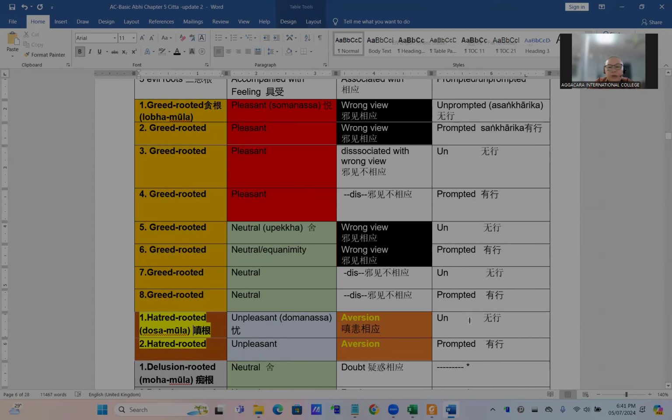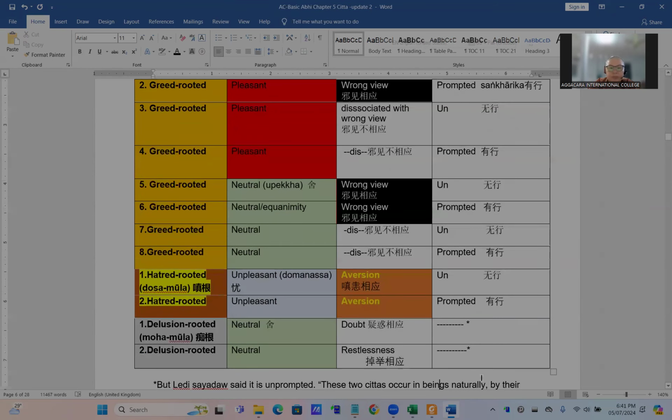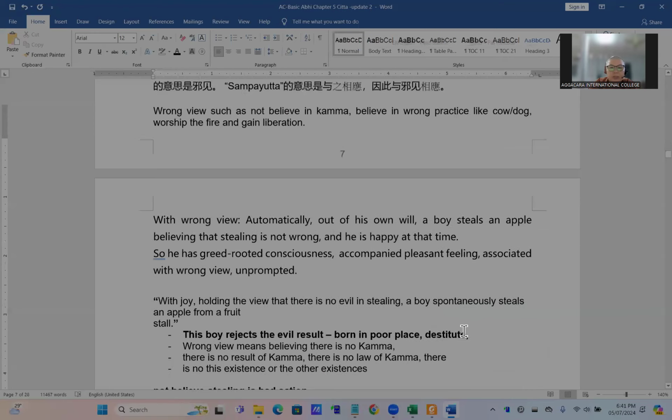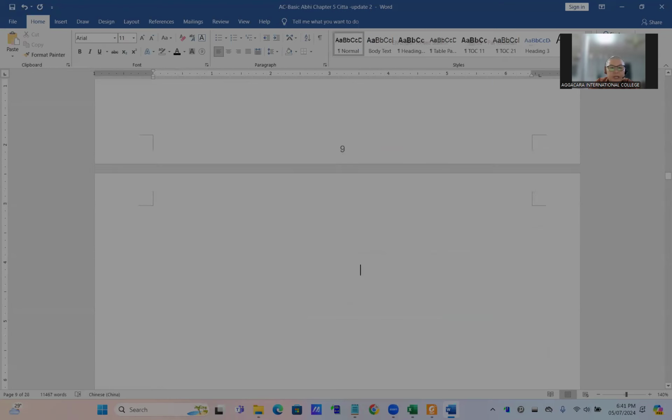So four plus one from the hatred-rooted, you get five. So unprompted is five. Prompted is also five. For the delusion, there is no prompted or unprompted. So that's the answer. You just need to see the prompted, unprompted here. Very easy. So Abhidhamma, you just need to read a few times to get the idea.